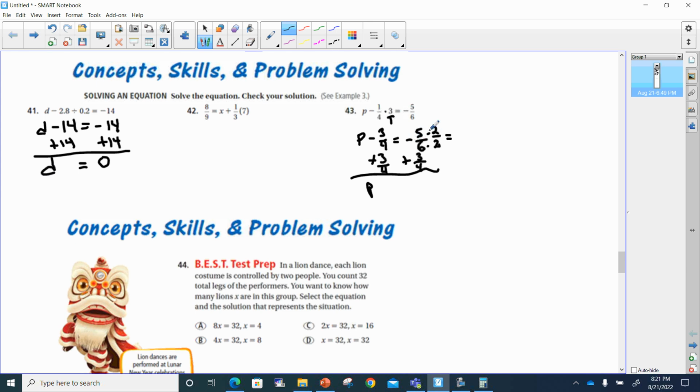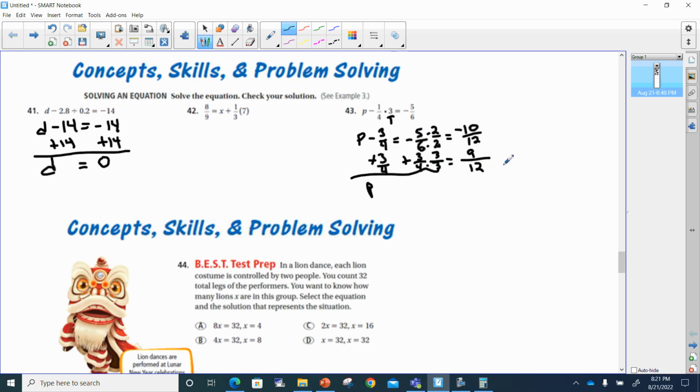So negative 5 times 2 will give me negative 10, and 6 times 2 is 12. And over here, this is going to be times 3 over 3. 3 times 3 equals 9, and 4 times 3 is 12.